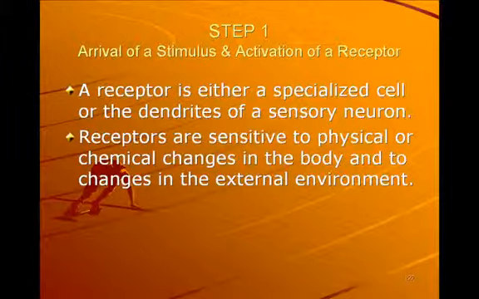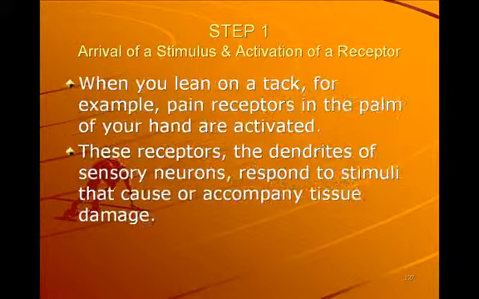A receptor is either a specialized cell or a dendrite of a sensory neuron. Receptors are sensitive to physical and chemical changes in the body and changes in the external environment as well. When you lean on a tack, a sharp object, pain receptors in the palm of your hand, let's say, will be activated.